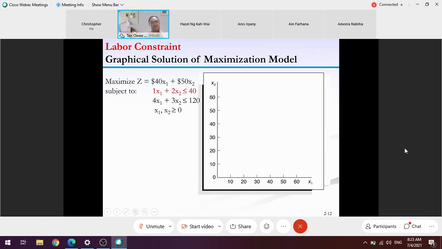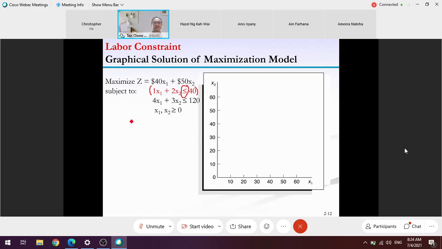Now, I want to plot this constraint on the graph. So how should I reflect this constraint on this graph? Langkah pertama, I can't plot directly a constraint that is in inequality form.